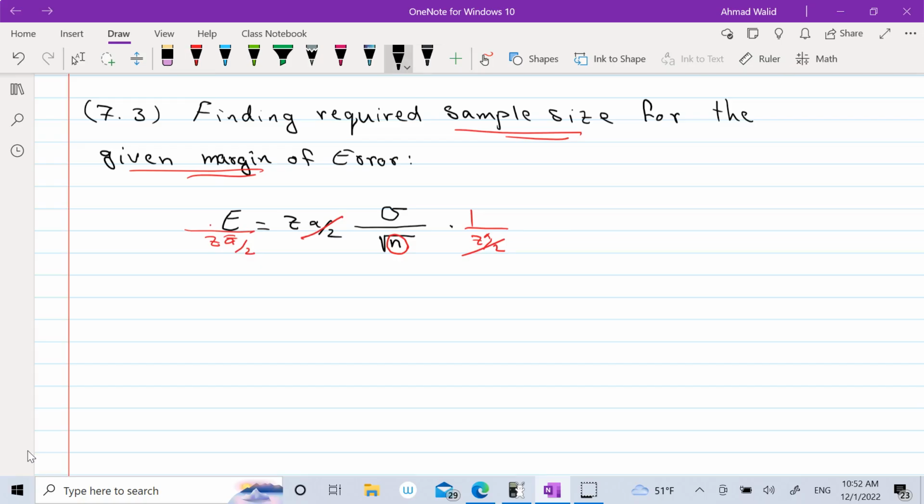Then I'll end up with E over Z alpha over 2 equals sigma over square root of n. Again, I can exchange these two. I can write square root of n over Z alpha over 2 equals sigma over E.